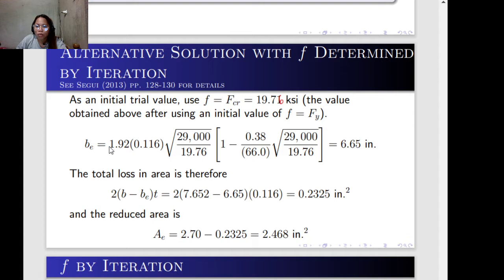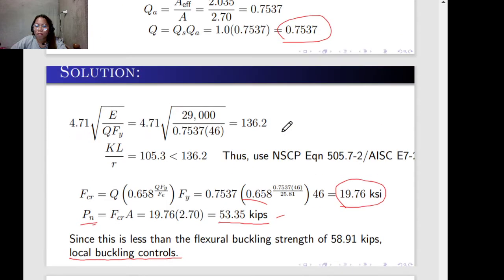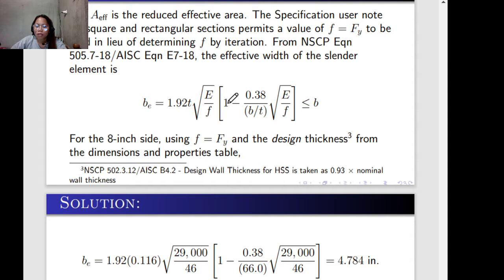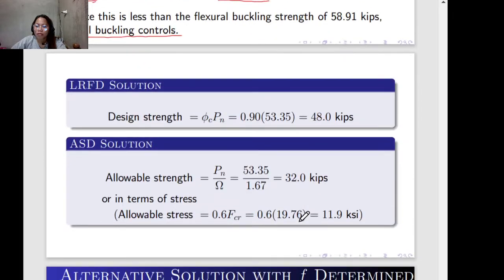Then compute the same equation for the effective width, B sub E: 1.92 times the design thickness times the square root of E over small f, times the quantity 1 minus 0.38 over B over T, square root of E over small f.